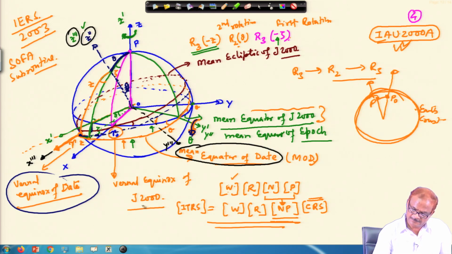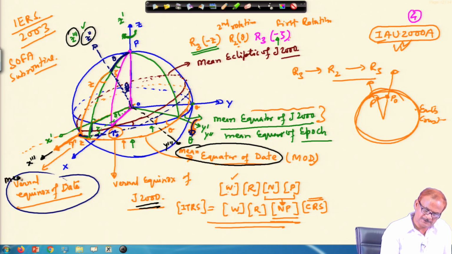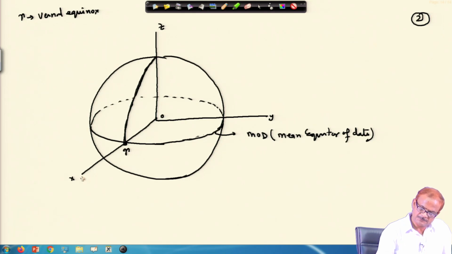This is the vernal equinox of 2000, and this is the mean vernal equinox, because this is the mean equator of date. So with this the mean term will come. So this is your mean vernal equinox.